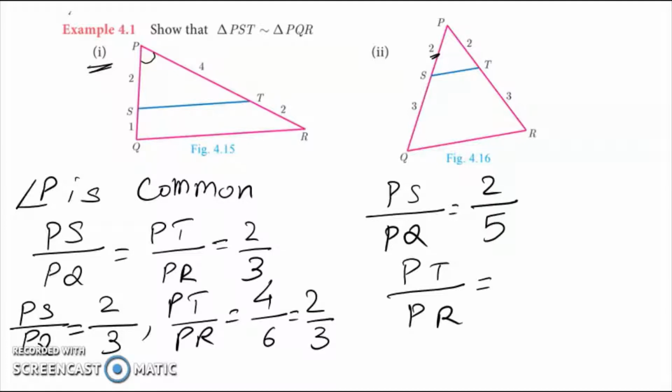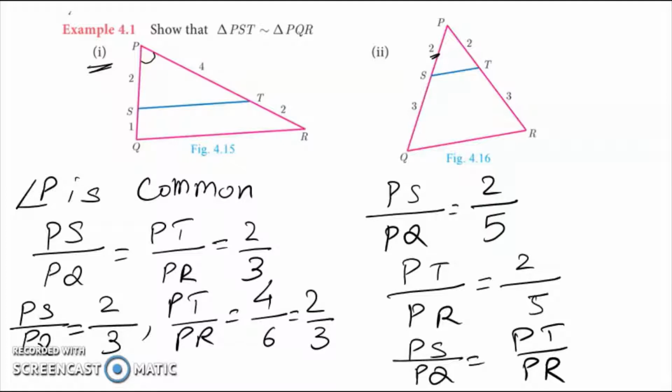Our PT is 2 and our PR is 5. So we can say that PS by PQ is equal to PT by PR. And since angle P is common in both the triangles, we can say that the triangle PST is similar to the triangle PQR. I don't have space here, but you will have to write that down as your final conclusion.